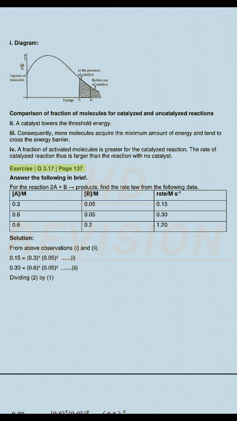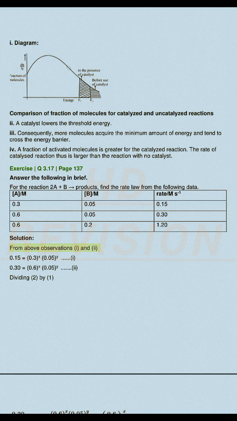Exercise Q3.17, page 137. Answer the following in brief. For the reaction A plus B right-pointing arrow products, find the rate law from the following data. A in M, B in M, rate in M s-1: 0.3, 0.05, 0.15; 0.6, 0.05, 0.30; 0.6, 0.2, 1.20.